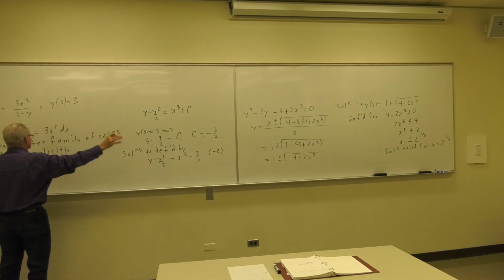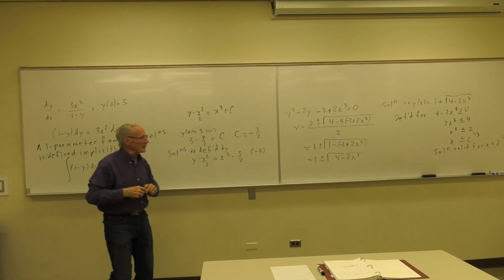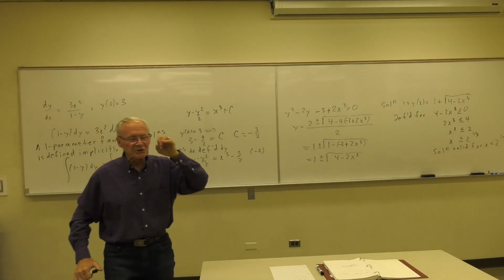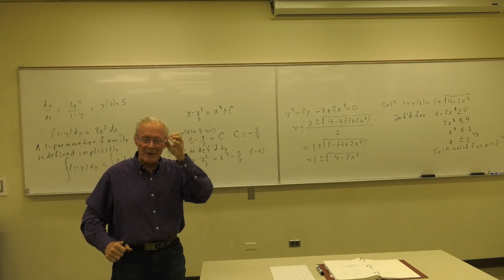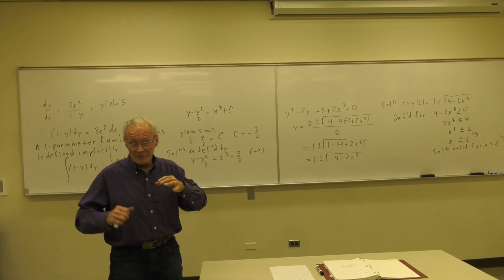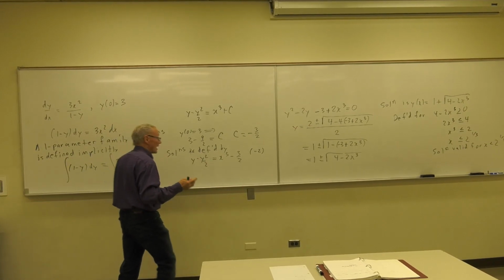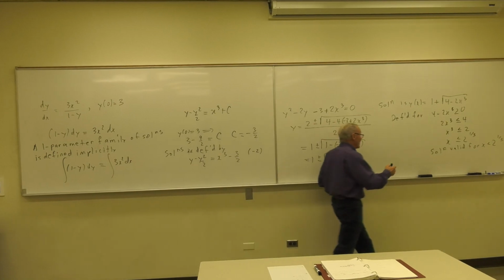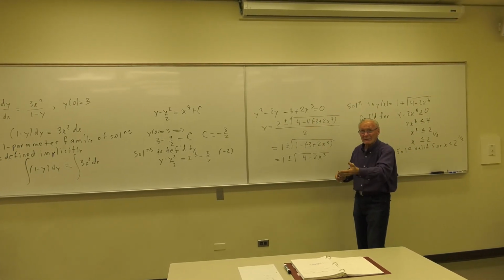That's the function that satisfies this. It prompts me to make the following remark. You should never get a wrong answer for a differential equation on a test, because you can always check, provided time limits, whether this is a solution by putting it back and seeing.